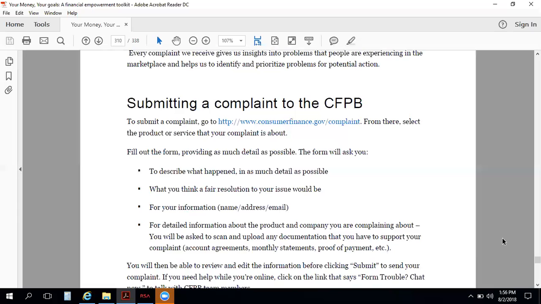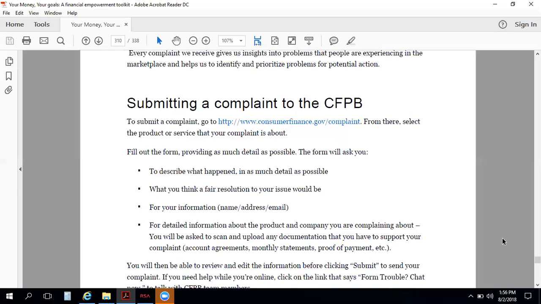It'll ask them to describe the problem in detail in terms of what happened, why they feel like their money has been mismanaged, or why they feel like the vendor has engaged in an underhanded business practice or whatever, how they think the problem should be resolved, their contact information so the CFPB can get in touch with them, and then detailed information about the product and company that they're filing a complaint against.